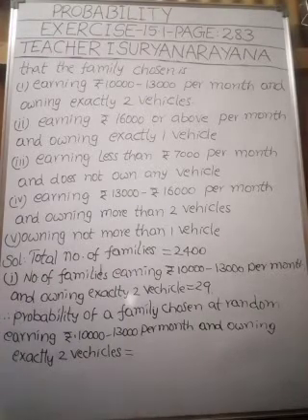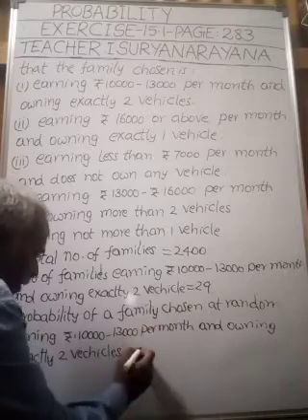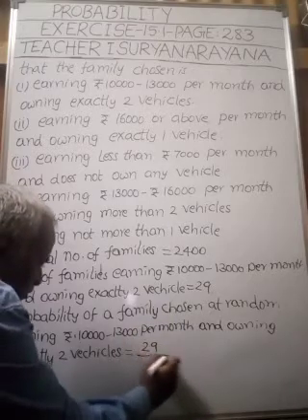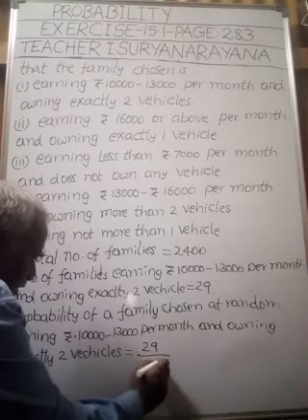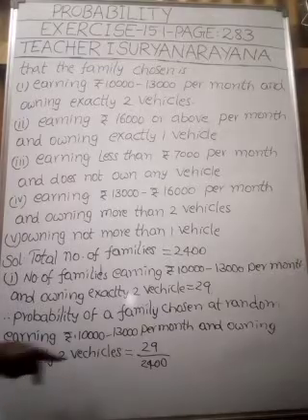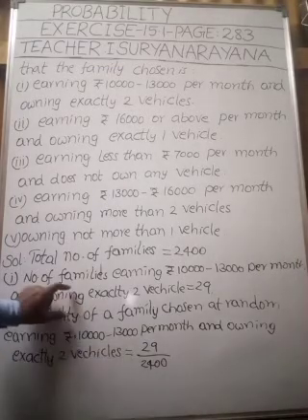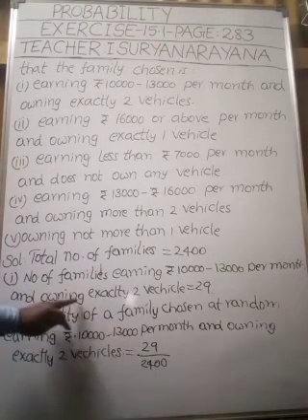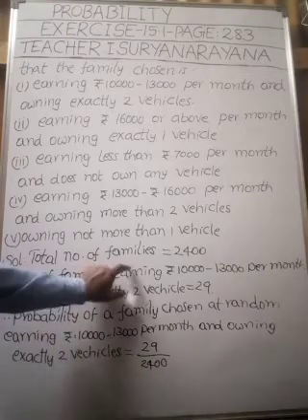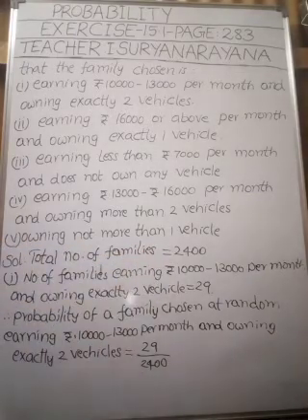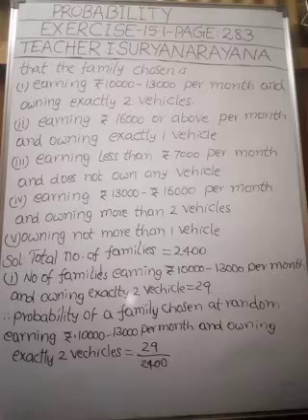Understood this step, children? Is equal to 29 by 2,400. Yes or no, my children? I am not writing this full sentence here. Okay, my children? This number by this number, 29 by 2,400. Understood this step, my children? Right.